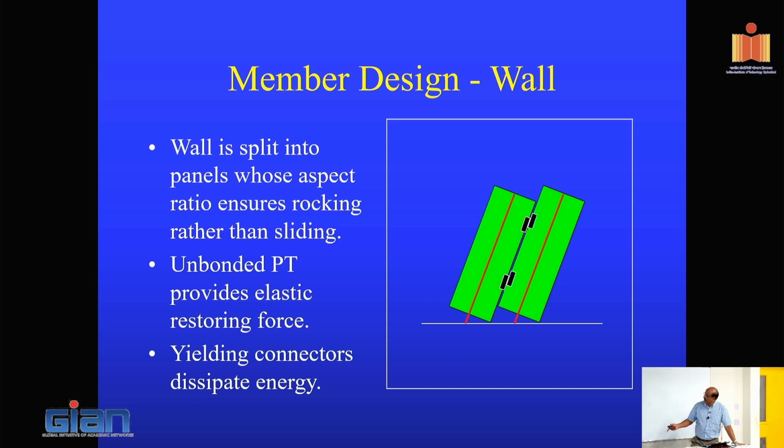And this element here is going to provide some energy dissipation. If you don't have any energy dissipation, what you will find is that the force displacement tends to look like this. So this is your force and displacement. Because of the post tensioning, it will go up and then it will just come down here.